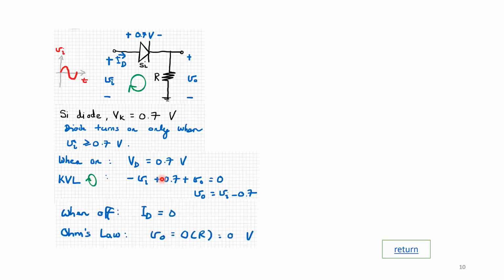And when it is off, meaning at any point of this input signal where Vin is less than 0.7, it will turn into an open circuit, which means ID is going to be 0. And if I do Ohm's law here to find Vout, because all of ID goes through here, V equals IR, and since I is 0, Vout is also going to be 0 volts.